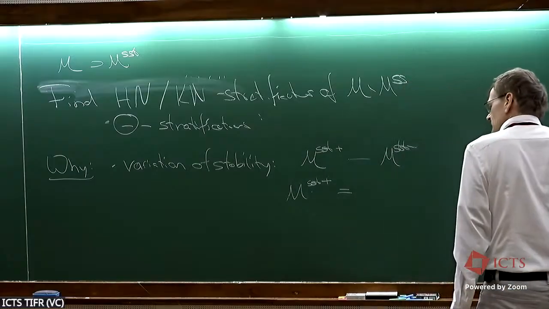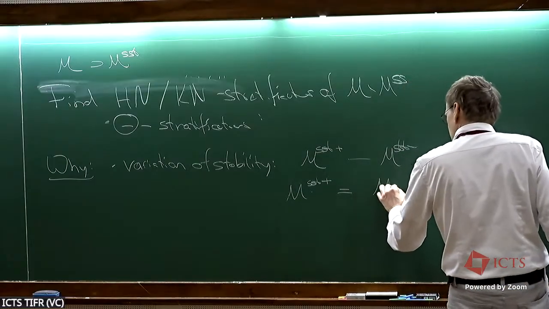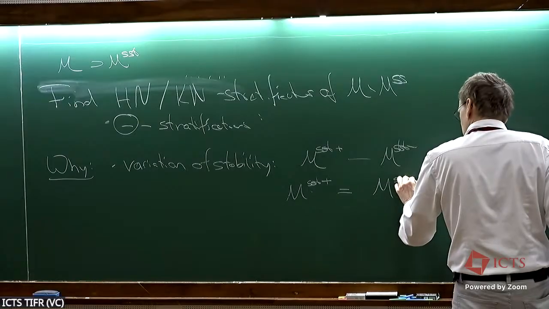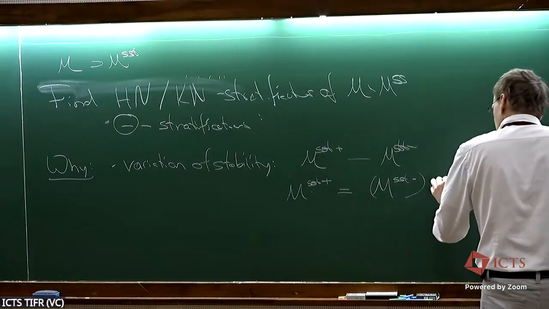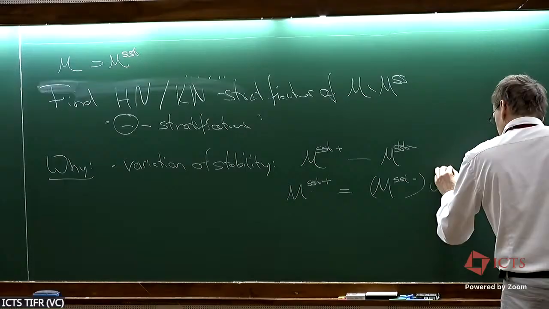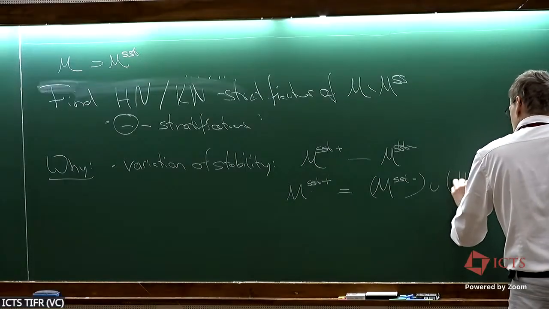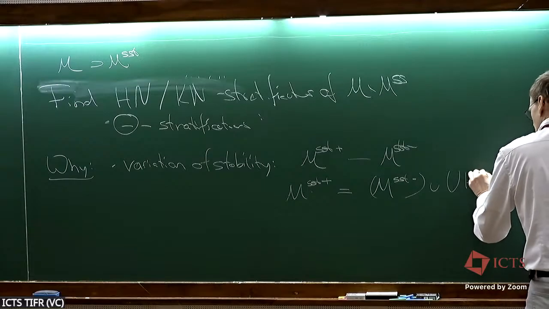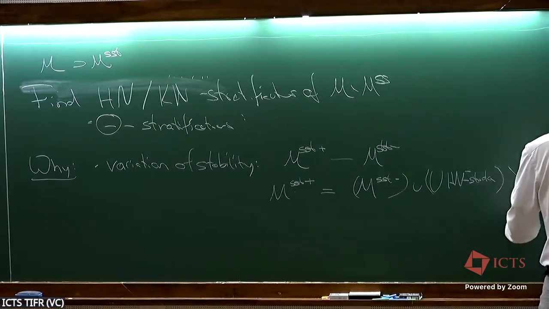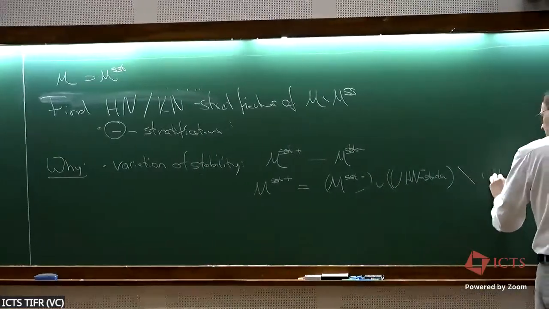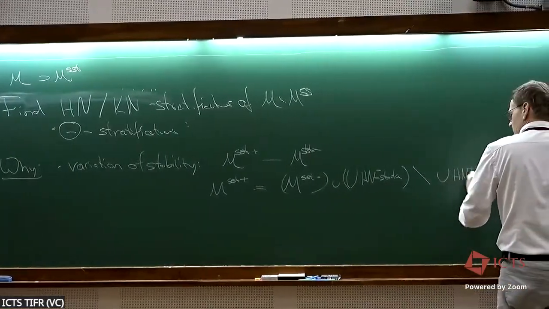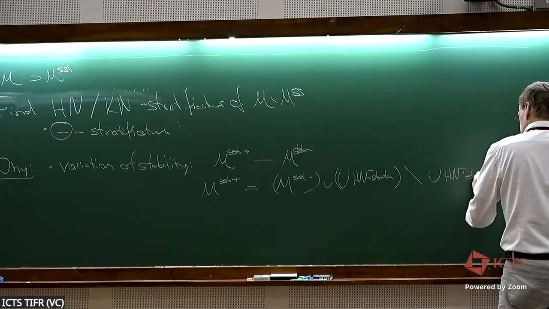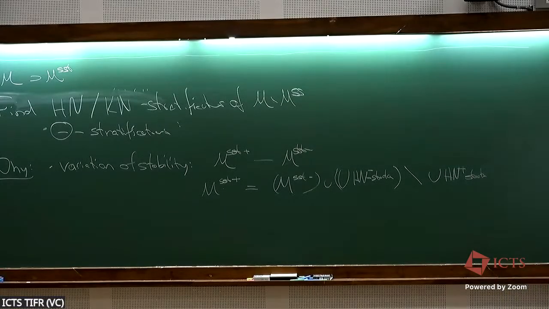You take your semi-stable part, you add a union of some Harder-Narasimhan strata, and then remove a few Harder-Narasimhan strata for the other thing.